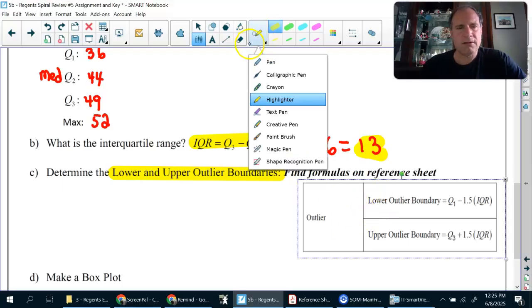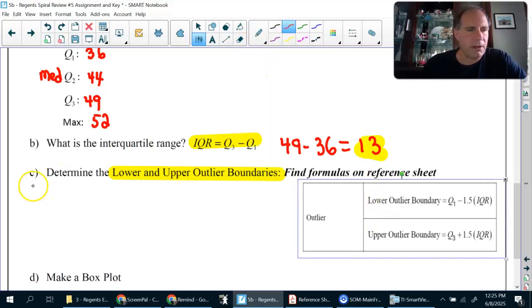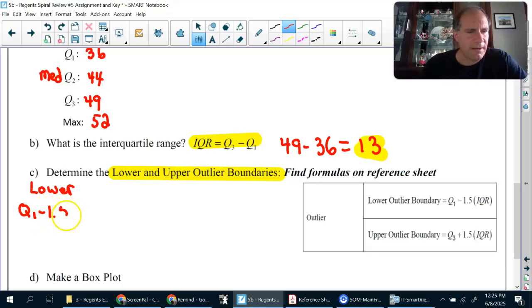I put it right here. And we are going to go for the lower first. And if you find your 5-number summary, it is all done for you. So Q1 minus 1.5 times the IQR, which is the interquartile range. So Q1 is 36.